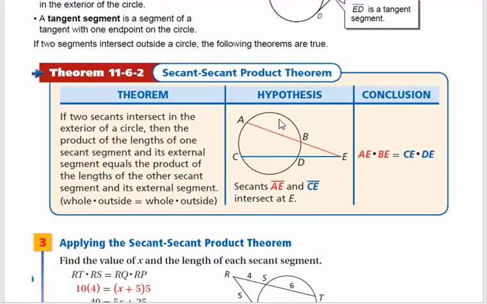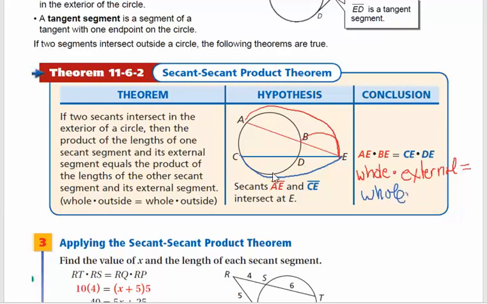It's equal to the product of the lengths of one secant segment, that's the whole thing, times the external part, just the part on the outside of the circle, is equal to the whole secant segment, which is CE in this one, times the external part. You do not just multiply AB times BE equals CD times DE. You'll get the wrong answer.